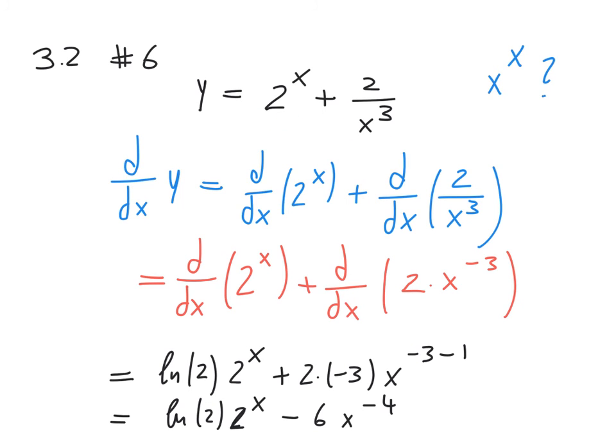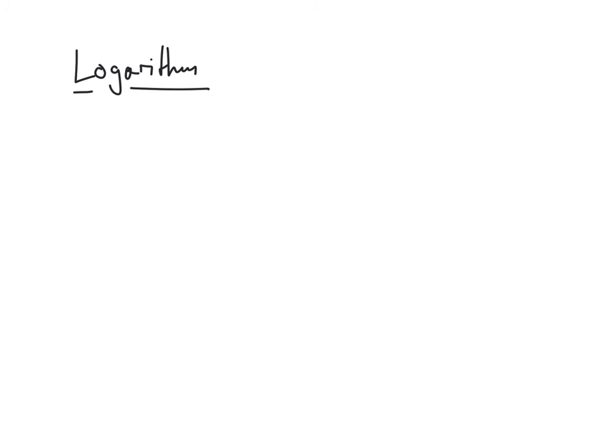Next, we have the derivative of the logarithm. And that's also very fascinating because we've seen so far that there seem to be power functions, there seem to be exponential functions, and somehow they stay within their type when we differentiate them. So for instance, if we differentiate a polynomial, we get a polynomial. We differentiate a power function, we get a power function.